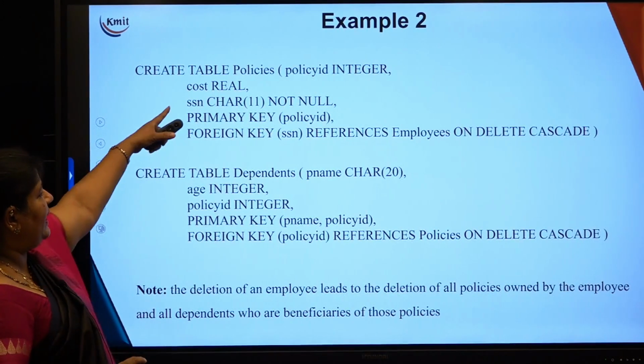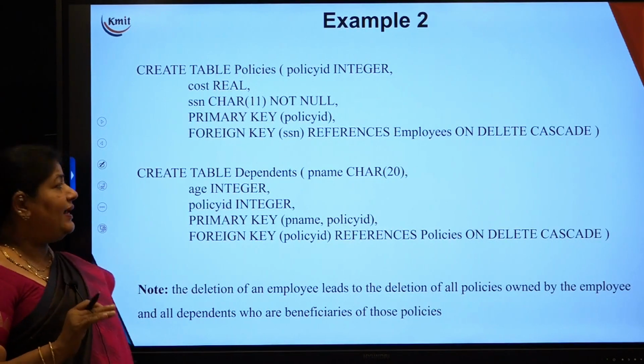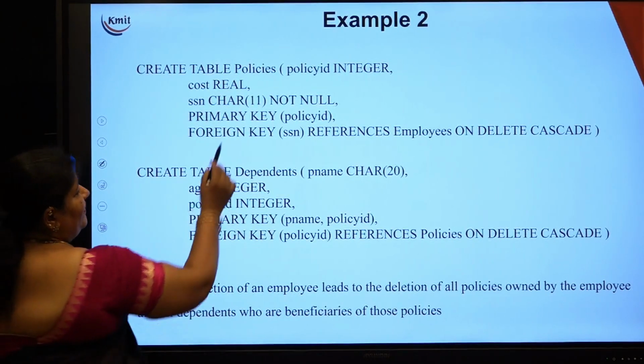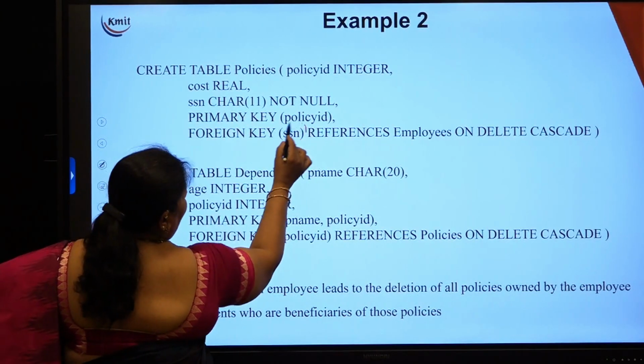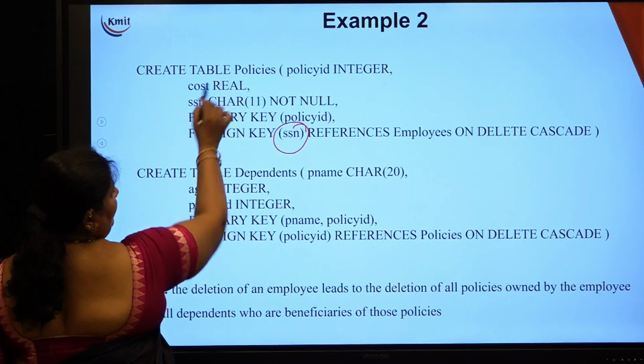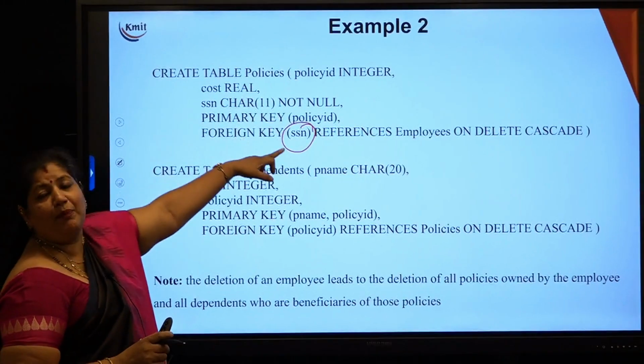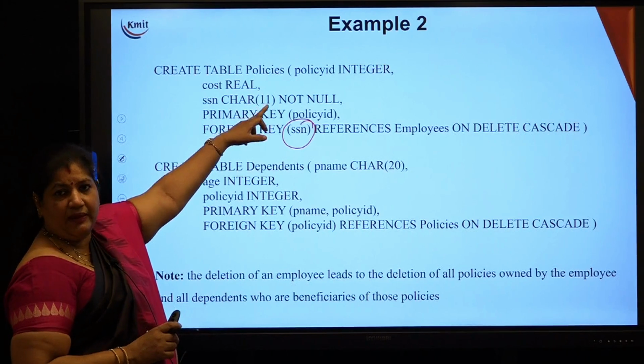Look at this particular table. There are two tables created, policies and dependents. Policy will contain the employee number as the foreign key within this, because we should know which particular employee has purchased this policy.